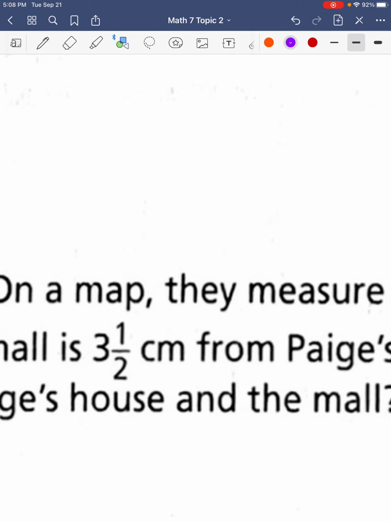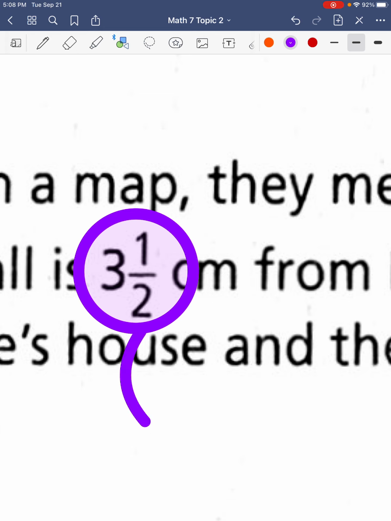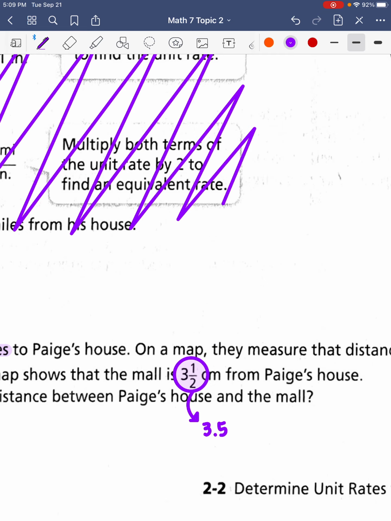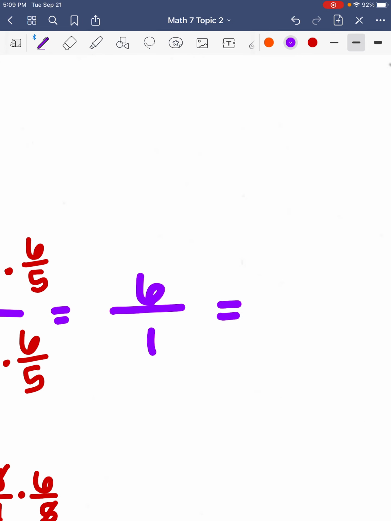So one thing that I'm going to do is I'm going to change this right here to a decimal. So I know that that is going to be 3.5. That just makes it easy for me to use my calculator. So I want to know what 3.5 centimeters on a map is in miles.